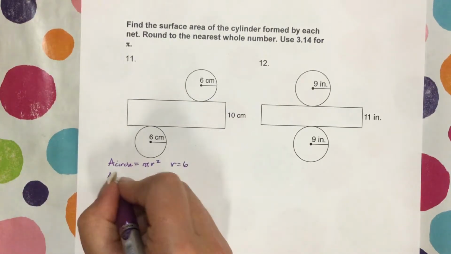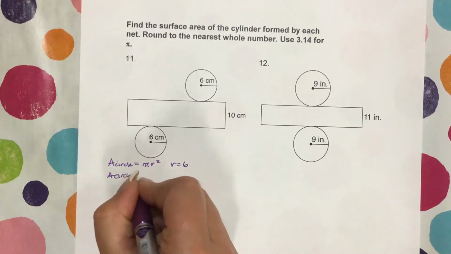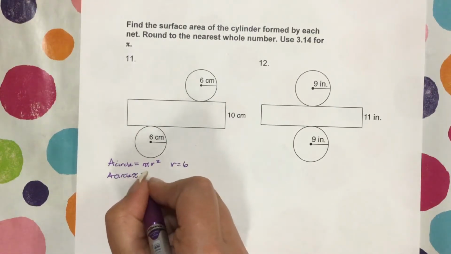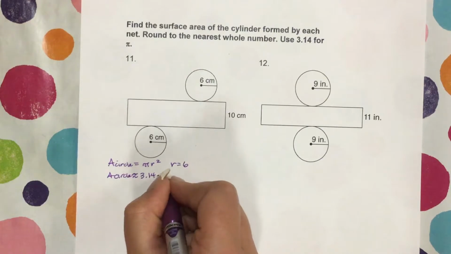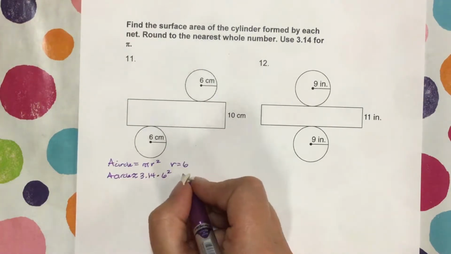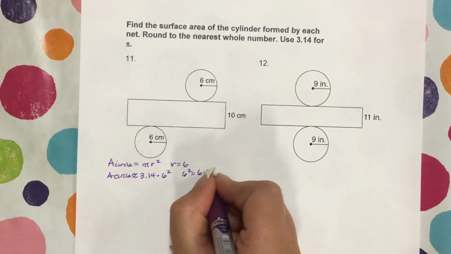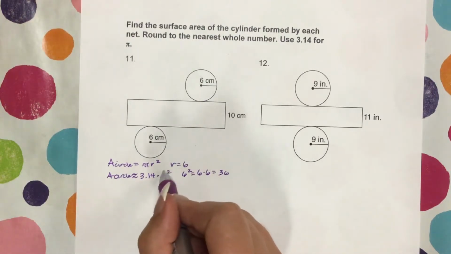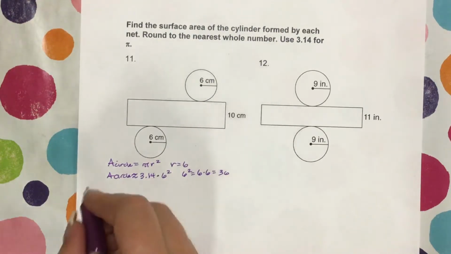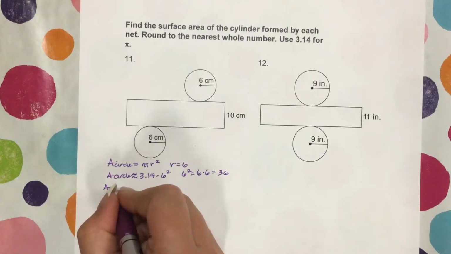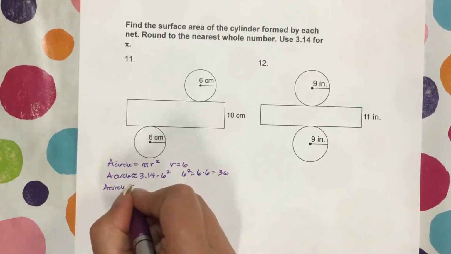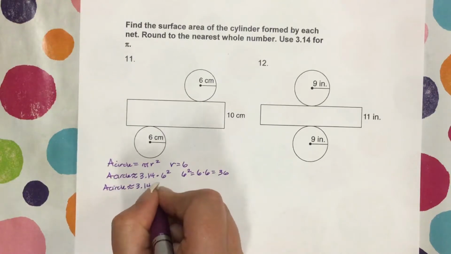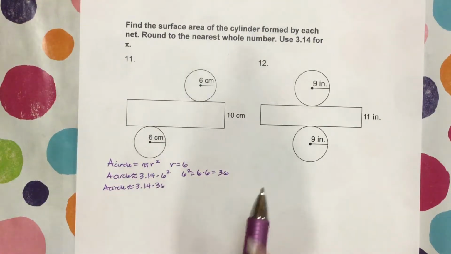So the area of the circle is approximately 3.14 times 6 squared. Now remember, 6 squared is the same thing as 6 times 6, which equals 36. And order of operations says we need to determine what that exponent is first. So the area of the circle is approximately 3.14 times 36.